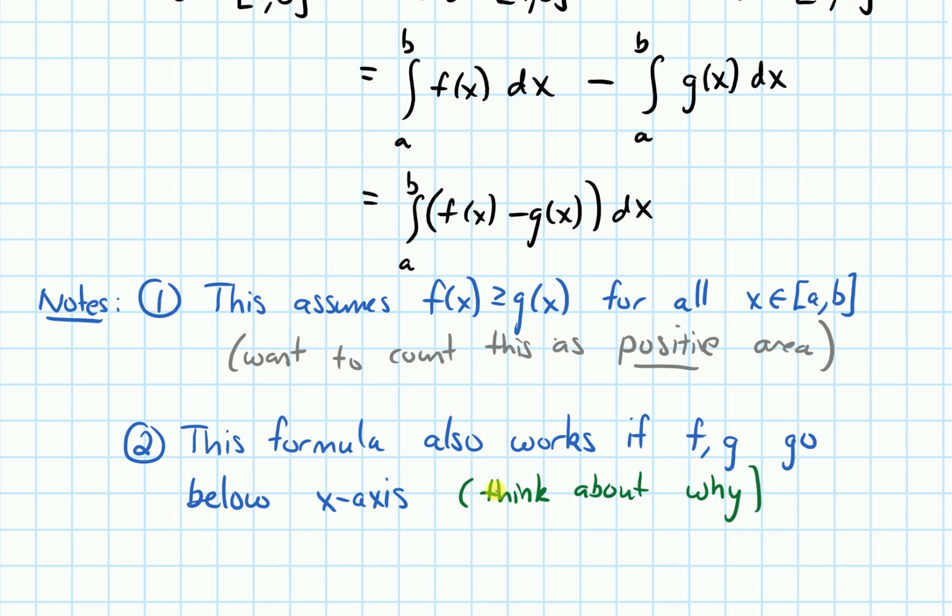But the way that we derived the formula in the beginning, using rectangles and the limit of the Riemann sum, that applies whether the functions are above the x-axis or below the x-axis just fine. But it's important, I think, to think about why this makes conceptual sense in the picture that I had drawn above, where we think about, oh, what happens if f and g might go below the x-axis.